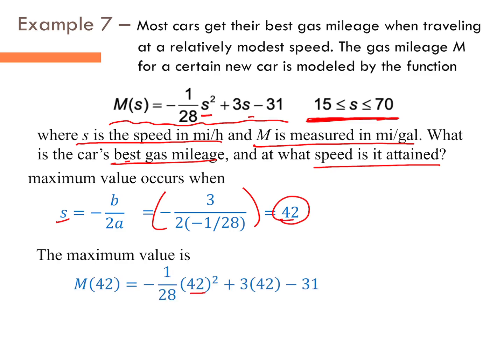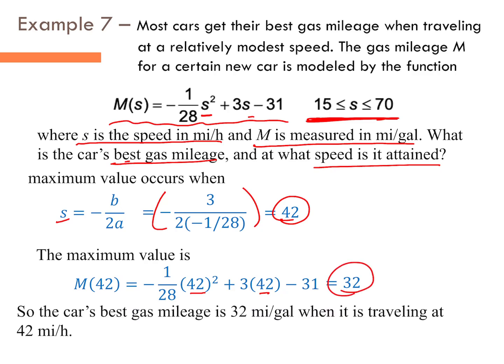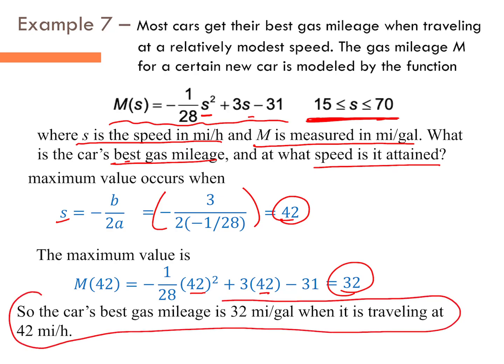So everywhere there's an s, I'm going to put my 42. Again, plug it into your calculator and see what you get, which is 32. So then make sure you label what your answer is, which is speed, what is gas mileage. So in this case, the car's best gas mileage is 32 miles per gallon when it is traveling 42 miles per hour. So this whole part right here is our answer this time.